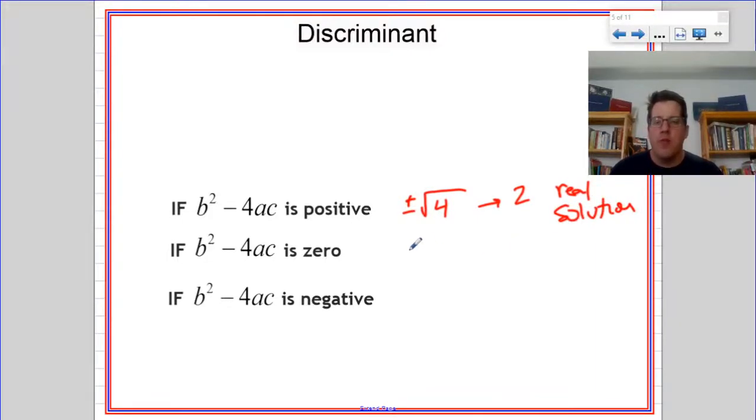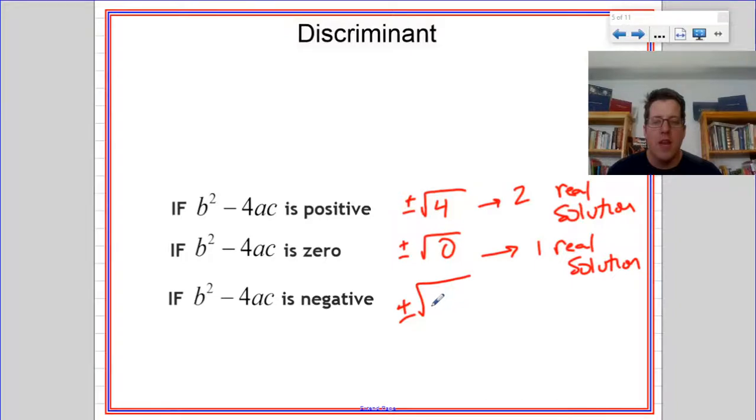If b squared minus 4ac is 0, you're going to have plus or minus the square root of 0. Now that's not 2 different numbers, so you're going to have 1 real solution. And if b squared minus 4ac is negative, you would have plus or minus the square root of a negative number. Since for right now we can't take the square root of a negative number, that's going to give us 0 real solutions.